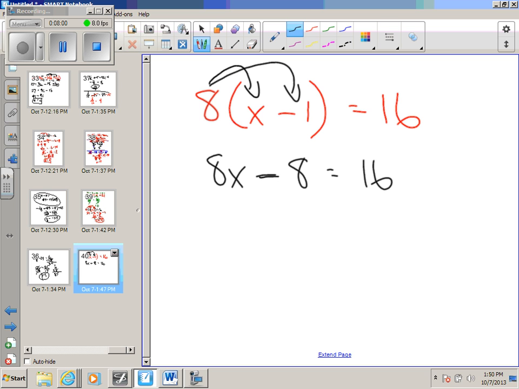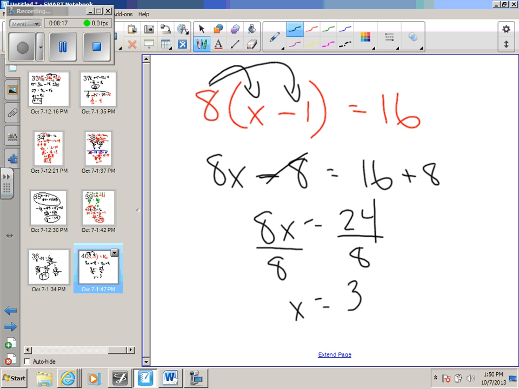Opposite then of subtracting 8, add 8. 8x equals, divide both by 8, and x equals 3. Plug it in. 3 minus 1 is 2. 8 times 2.